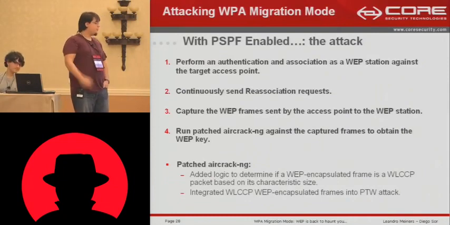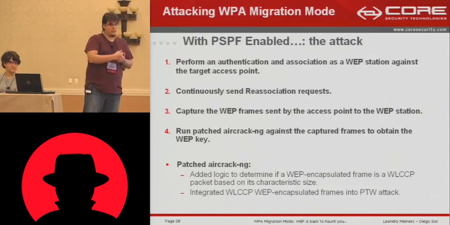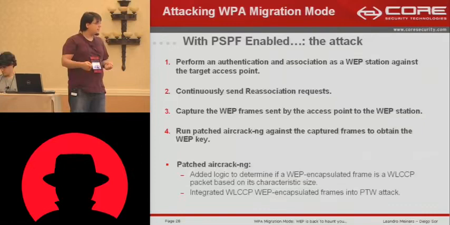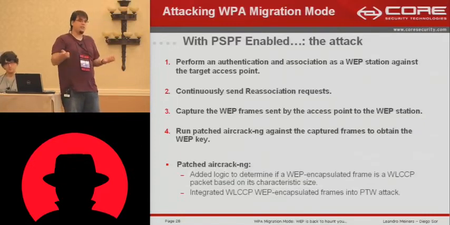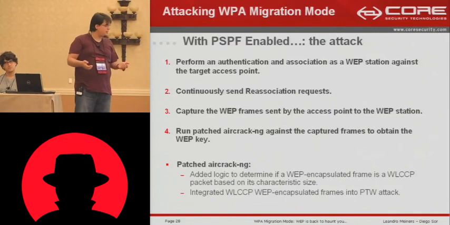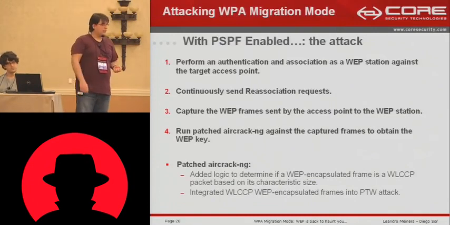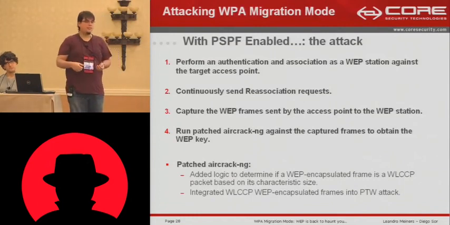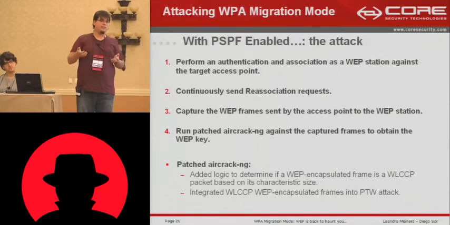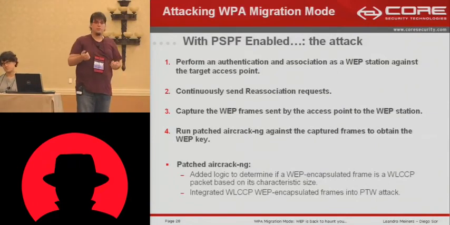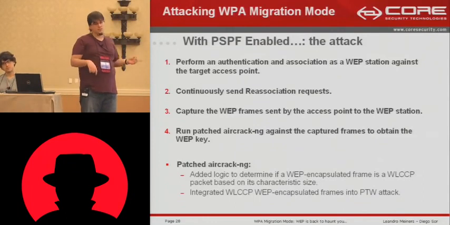We added to Aircrack the logic to find WCCP packets based on their size, because since they're WEP encapsulated, one of the few parameters we have is their size. And we added the possibility of doing the cryptanalysis on these packets. As I said, the first bytes of these packets are fixed, so we know them beforehand. So we added this information to Aircrack so that the cryptanalysis could succeed.